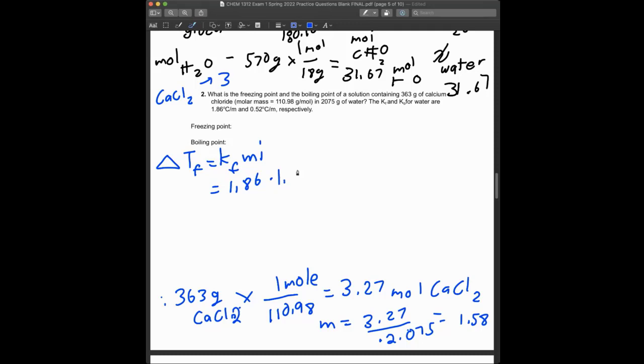So we do 1.58 times 3, and when you plug that in, I, like we mentioned, is 3 here. It's going to be 1.86 times 1.58 times 3. It's going to be 8.82.